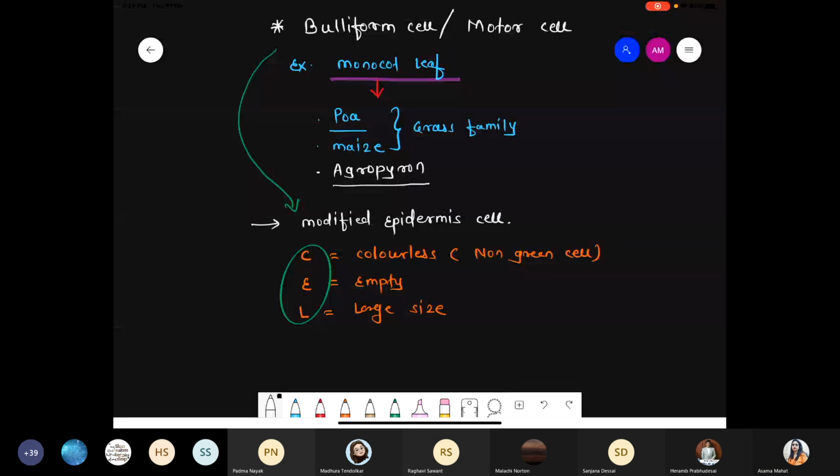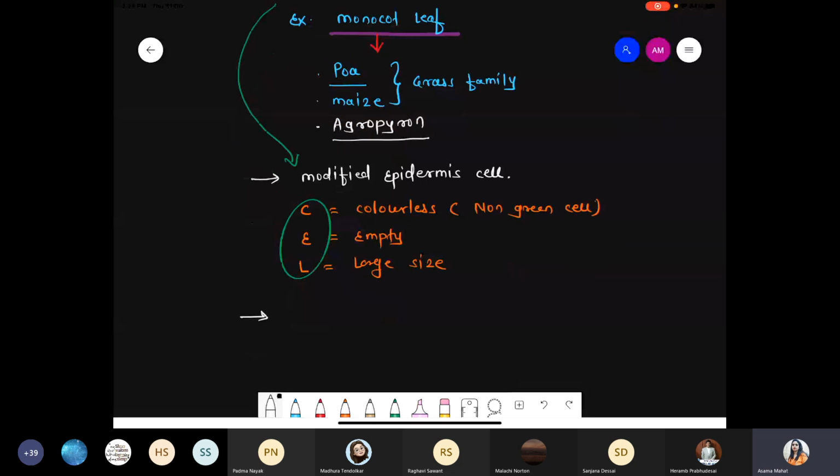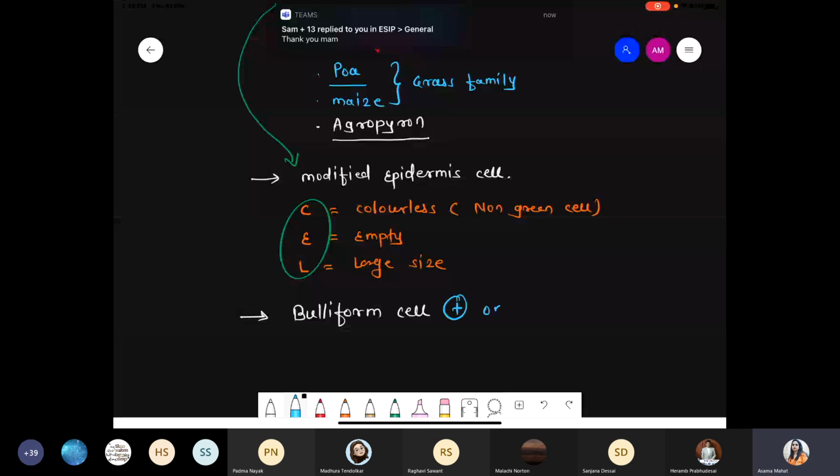The next point we are talking about, when we are talking about bulliform cells. Thank you Hiram. Such bulliform cells are basically present on the upper side of the leaf, and you know very well the upper side of the leaf is called the adaxial side.